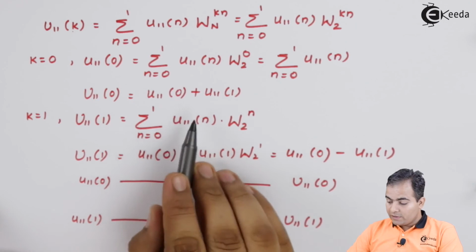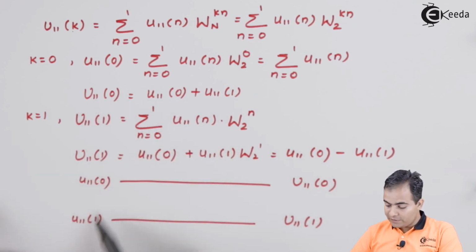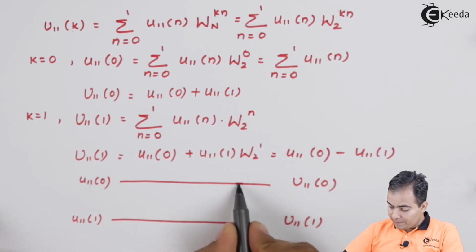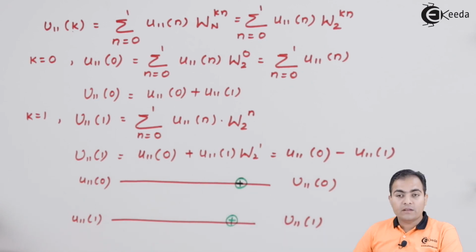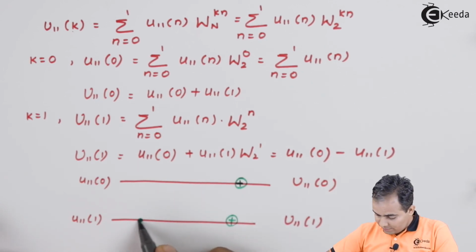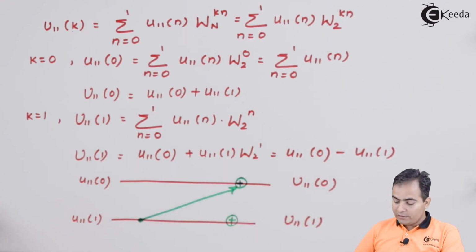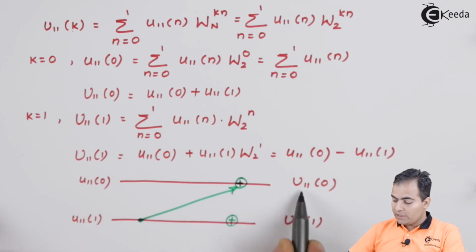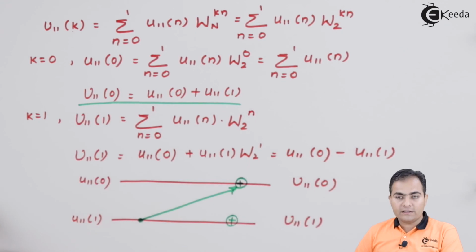Now to get U11 of 0, we simply perform the addition between these two inputs. So look here: I will place an adder sign, and here also we will place an adder sign. If this point is directly connected to the adder, then U11 of 0 is added with U11 of 1, and you will get U11 of 0. According to this statement, we can get this graph.